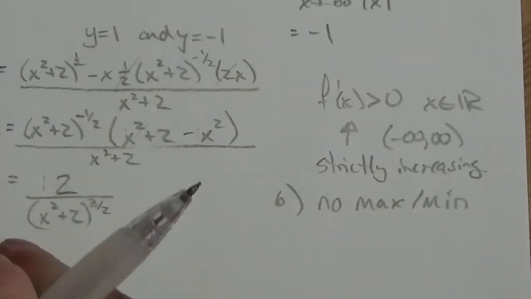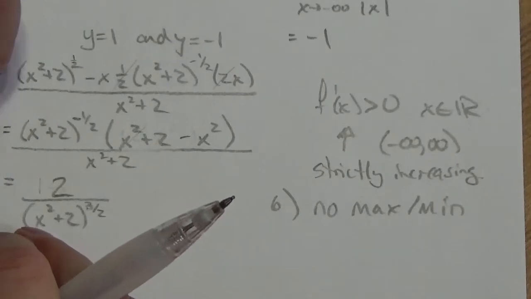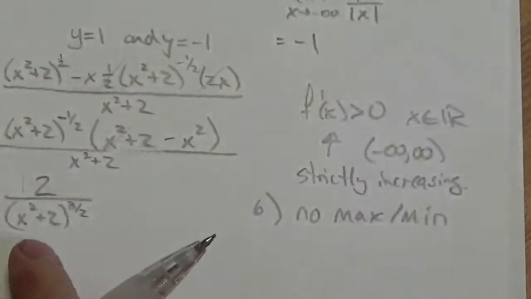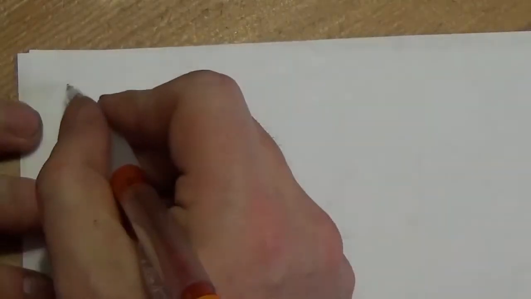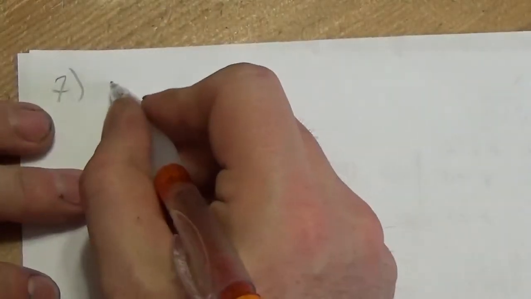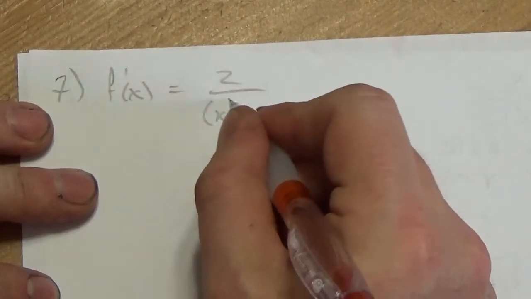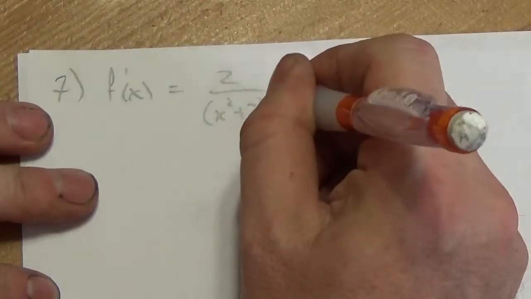Now, let's go through and investigate the second derivative. Let's take a look at concavity here. So let's just remember that function, 2 over x squared plus 2 to the 3 halves. Okay, so this is 7 now. My first derivative was 2 over x squared plus 2 to the 3 halves.